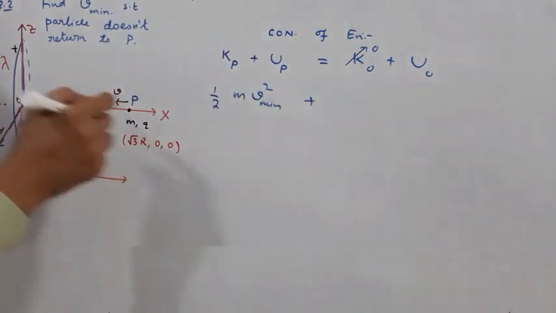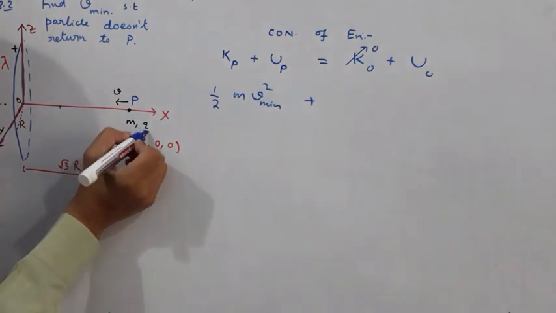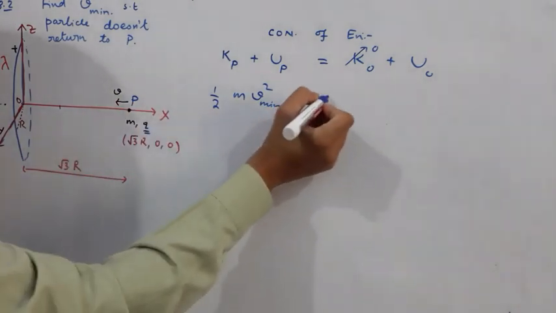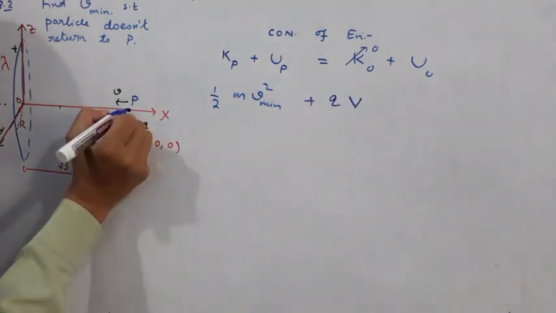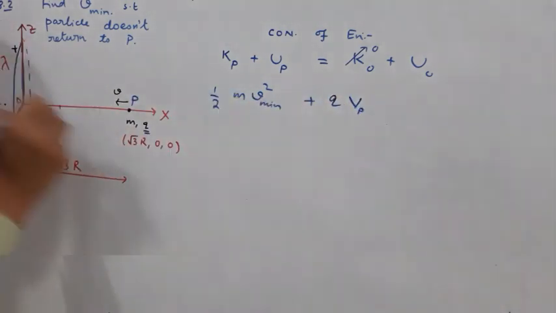Now how do we find potential energy at P? Potential energy for this charge at this point is that charge multiplied by the potential at point P due to the ring.